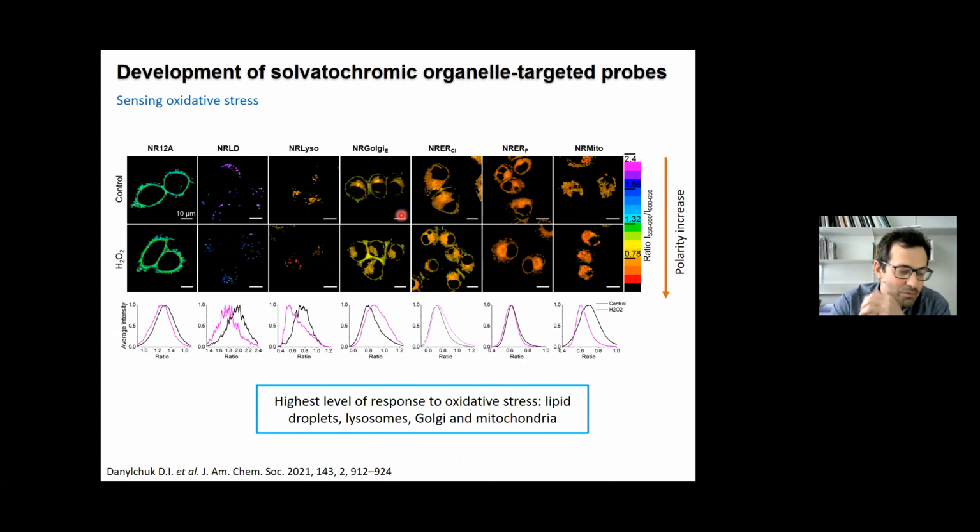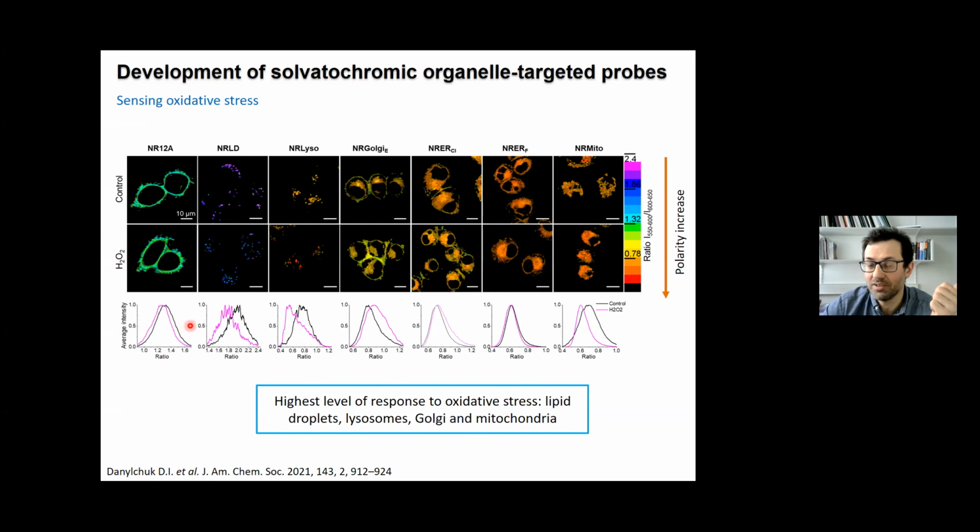And then we said, okay, can we follow some kind of stress parameters which could affect lipid composition? For example, lipid oxidation, by using oxidative stress with hydrogen peroxide. What we could see is that all these organelle-specific probes reacted very differently, changing their color very differently on oxidative stress.